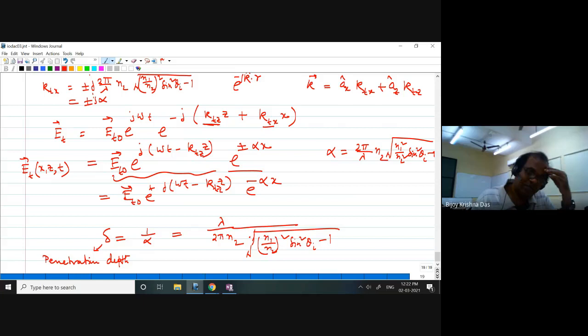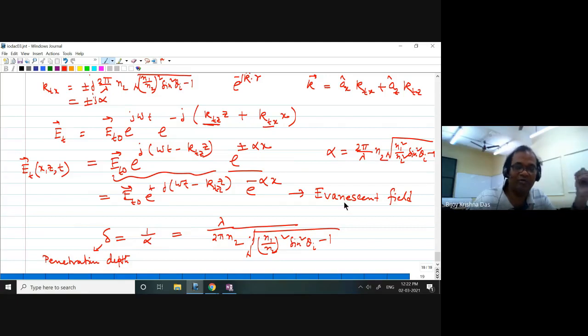When the field existing along x direction is decaying in nature, that is typically called an evanescent field. That means the field is decaying. It is very well known in integrated optics. Evanescent field is not like a traveling wave. It is a decaying traveling wave.